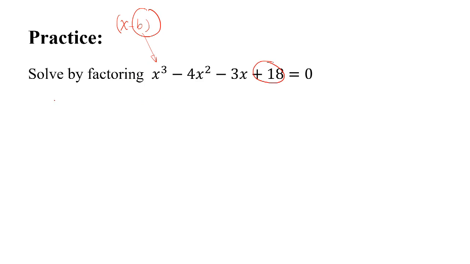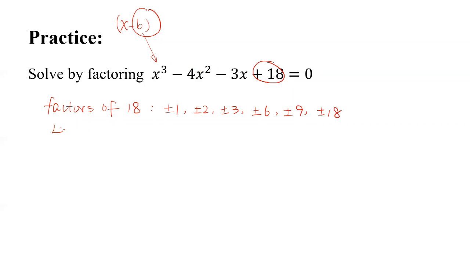So first of all, we need to find all possible factors of the constant 18, right? And we only need to check all the factors of 18 to see if that value can make the expression on the left be 0, right? So first of all, factors of 18 are positive or negative 1, 2, 3, 6, 9, or 18, right?